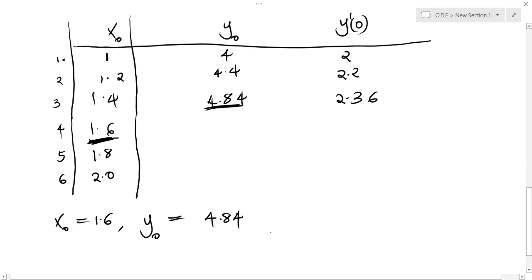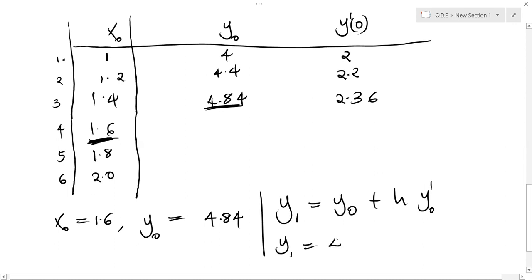So what is our y1? From the formula, we know that y1 is given by y naught plus h y prime naught. Are we together? So our y1 will be equal to y naught, which is 4.84, plus h, which is 0.2, multiplied by y naught prime, which is 2.36.